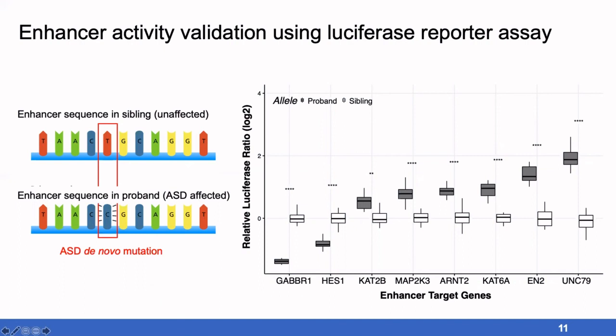We test the 200 base pairs around this mutation, and all of them fall within the enhancer region. We find a number of enhancers, and I just use their target gene to label each enhancer, but actually we test the enhancer region, and we do find a significant difference between the proband allele and the sibling allele. And the enhancer activity is not necessarily always positive. It can also be negative, regulating the gene.